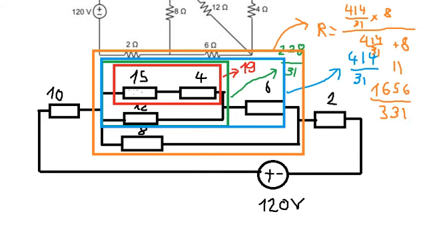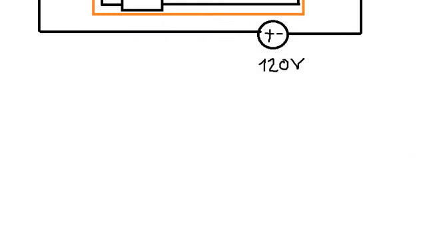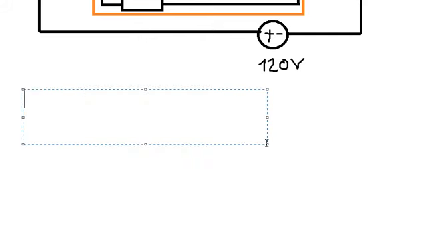And now the orange is in series with number 10 and number 2. So the total resistance we need to calculate.